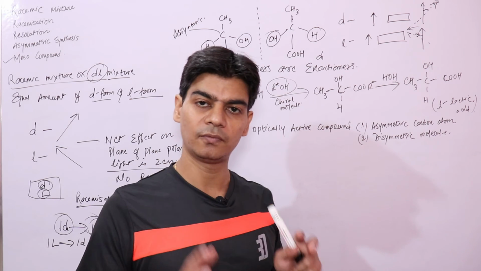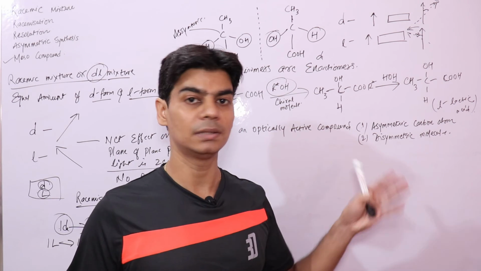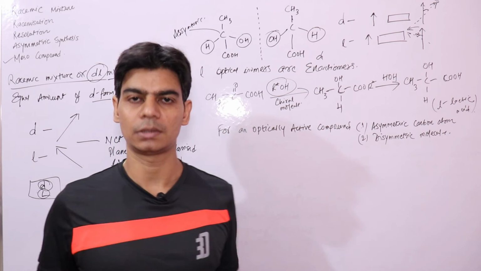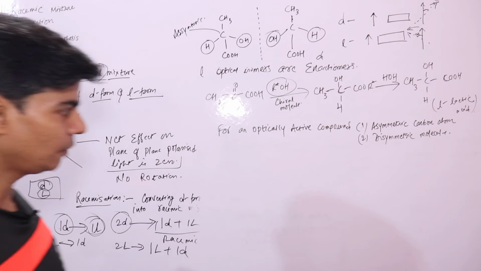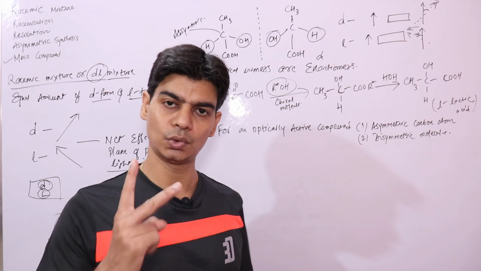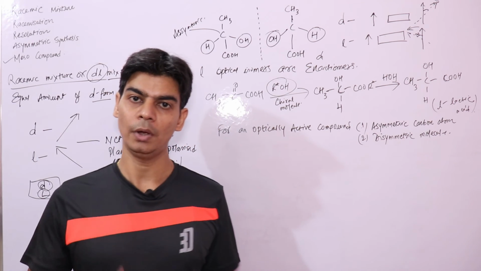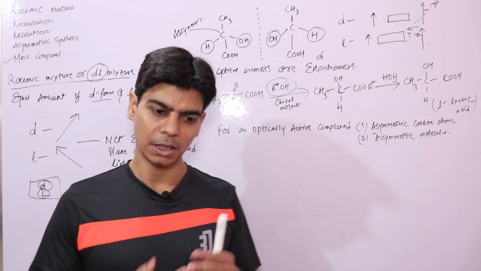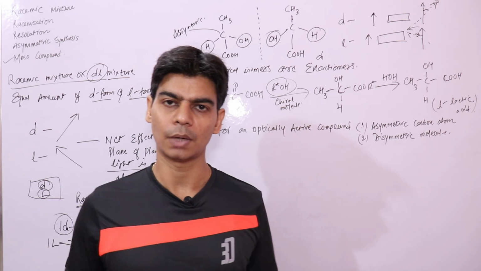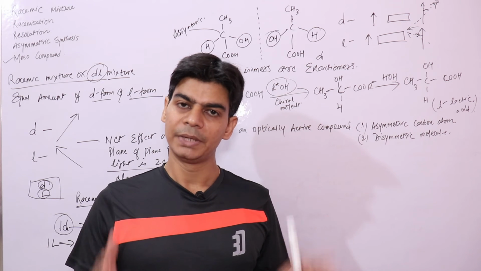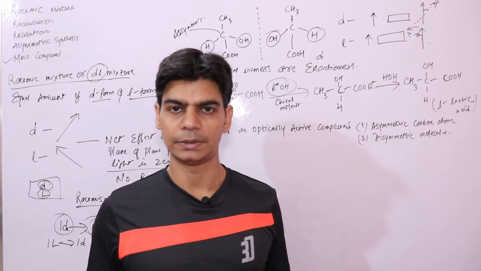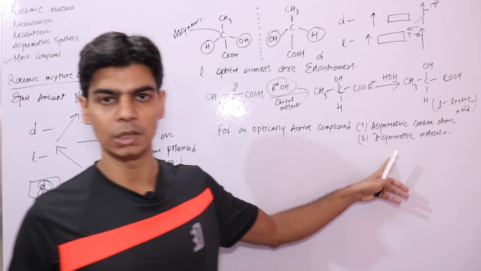This is what we have already seen in the previous lecture in mesotartaric acid, where mesotartaric acid has 2 chiral carbons, that means 2 asymmetric carbons, but it's an optically inactive compound because it has a plane of symmetry. It is not a disymmetric molecule.